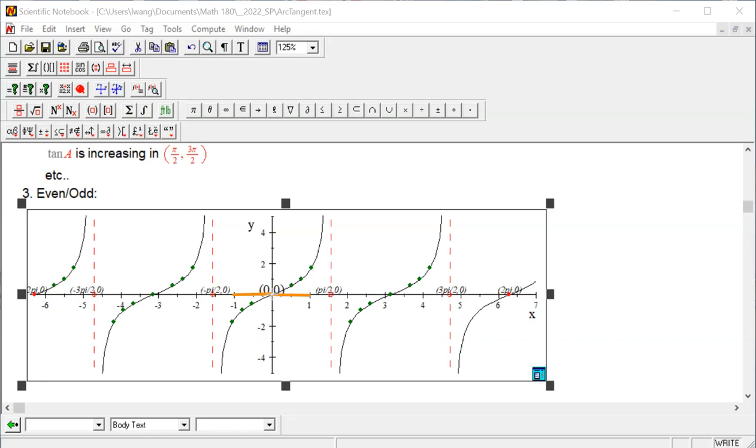It's about pi over 3 and -pi over 3. And what are the outputs? There's an output here, and there's an output there.